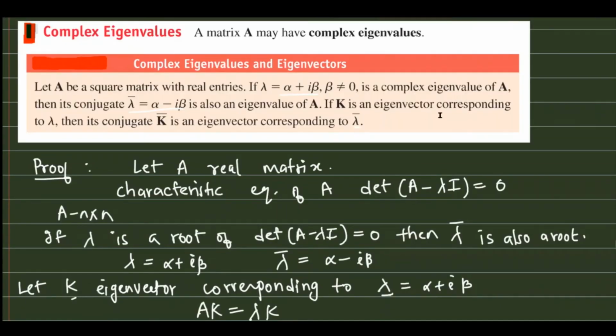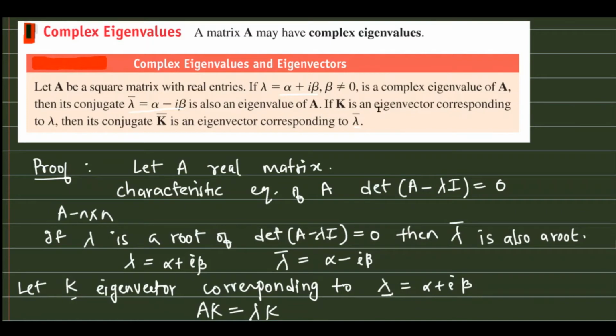A matrix may have complex eigenvalues too. In the last cases we have seen where the matrix has only real eigenvalues. Now a matrix can have complex eigenvalues also. If lambda equal to alpha plus i beta is a complex eigenvalue, then its conjugate, that is alpha minus i beta, will also be an eigenvalue of A. Here we have taken A to be a square matrix with real entries.